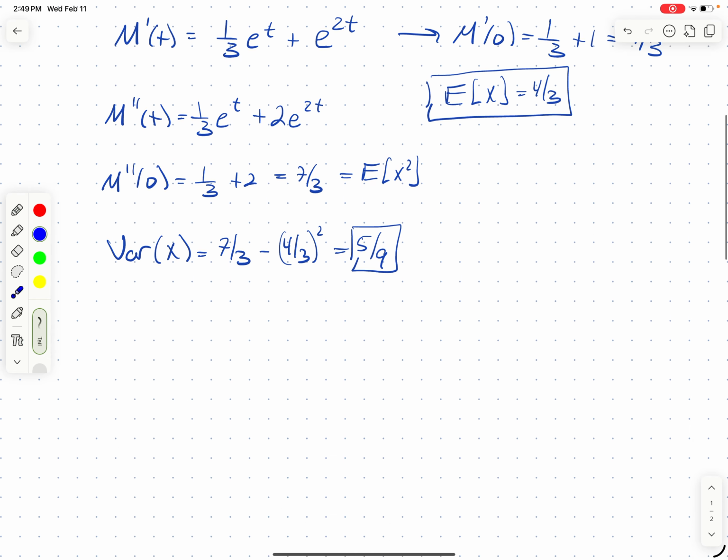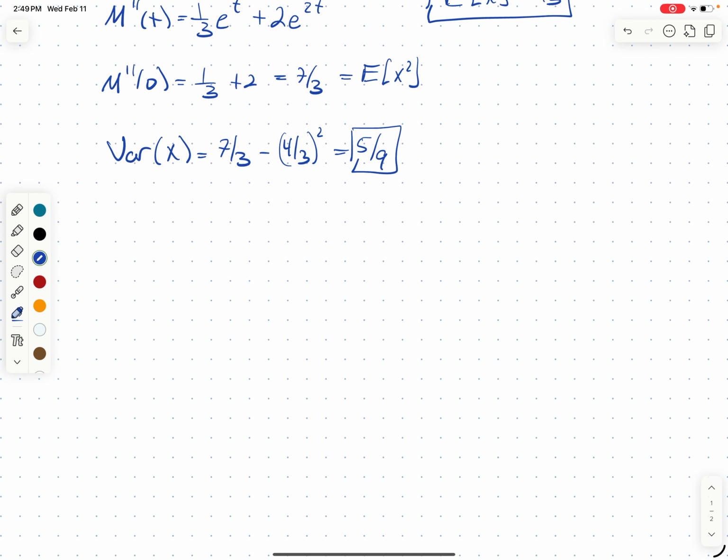And to do that, we want to remind ourselves the formula for this. So the formula for the moment generating function in general is that it is the mean of e to the t times x. And in the discrete case, right, we sum, because it's discrete, over all values of x.